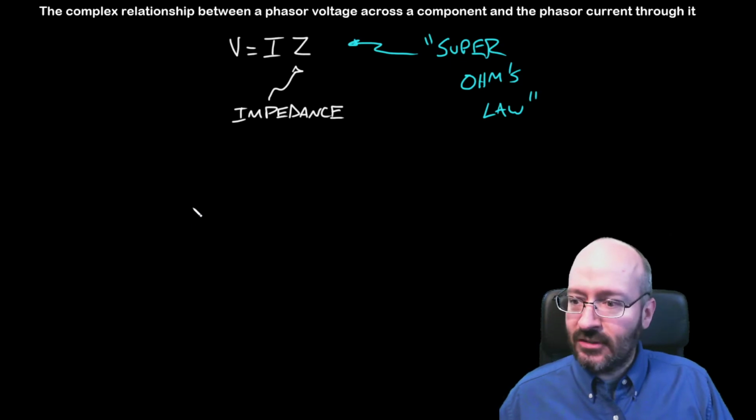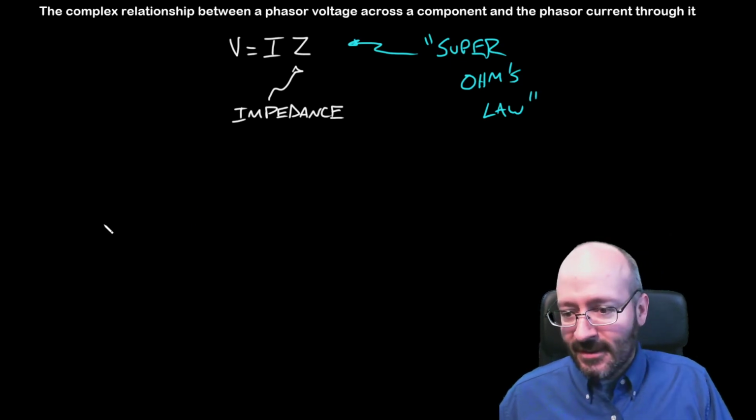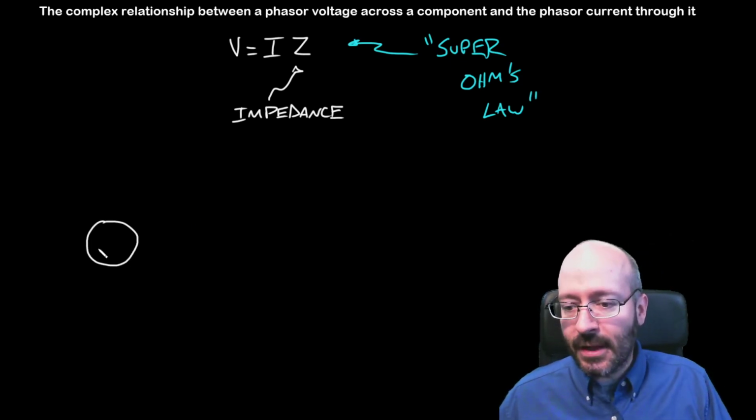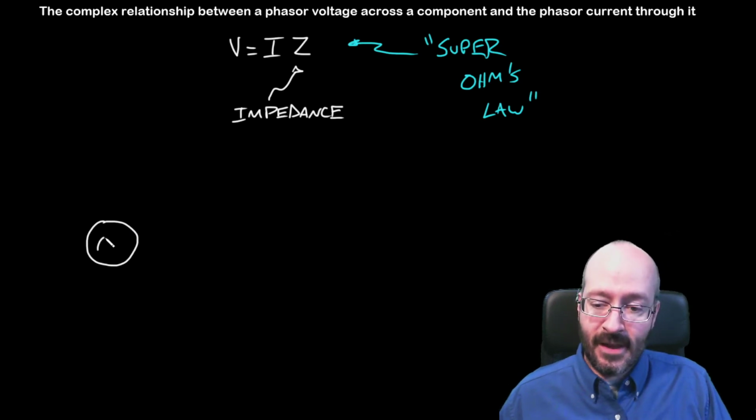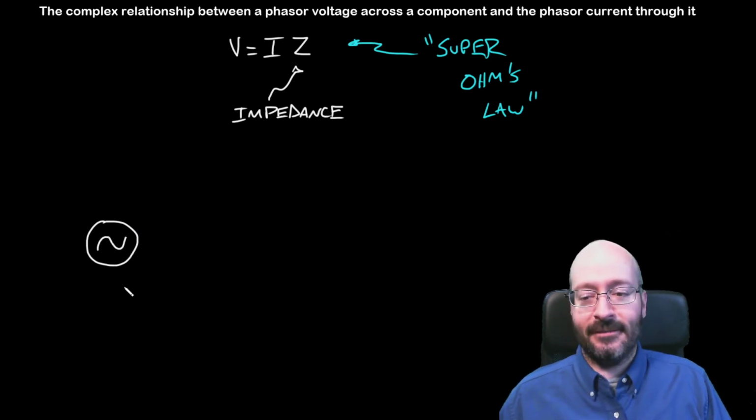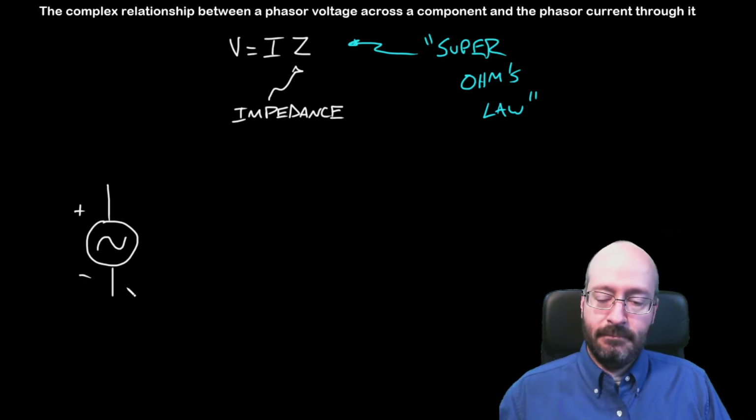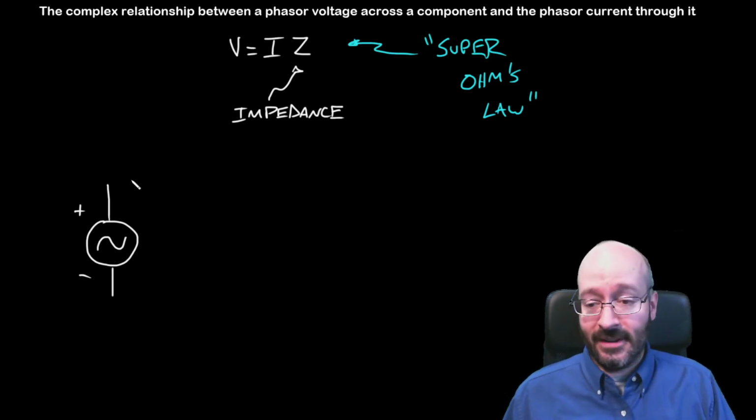Okay, so let's do that. Let's take a voltage supply, and now this is an AC voltage supply. So it gets that funny little symbol with a squiggly line that looks like a sinusoid, but it still has a polarity. So you're going to get a plus and a minus on either side.